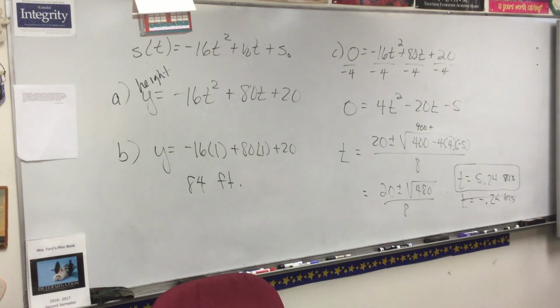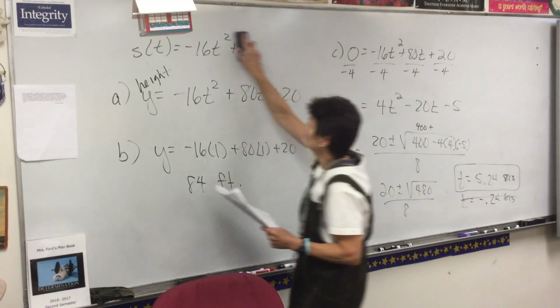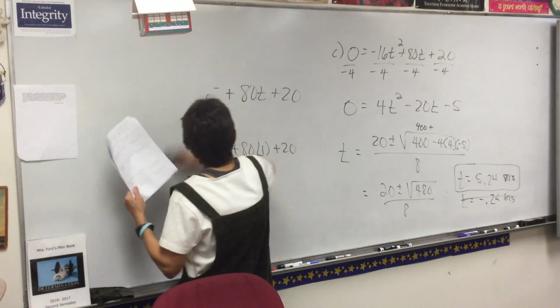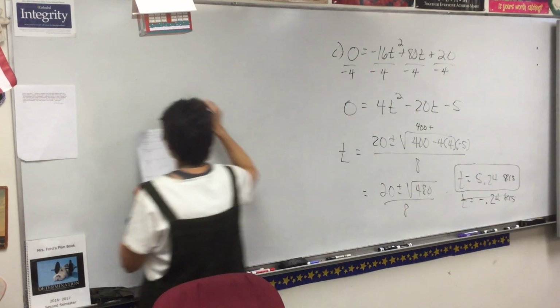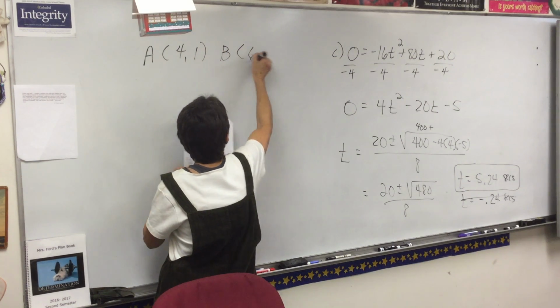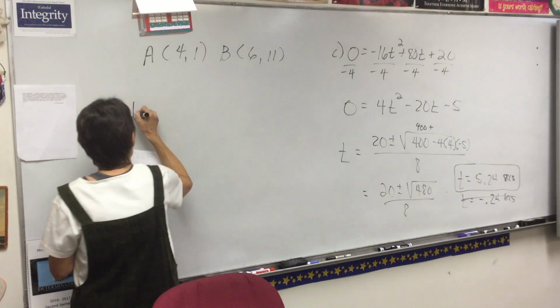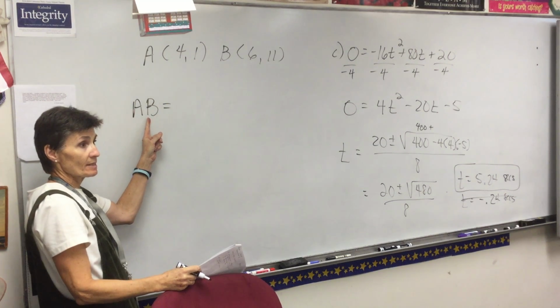And we're almost done. Number 9. Oh Lord, here we go. We're going to find distance and midpoint. We're all going to get it right. This is the one that means distance, right?